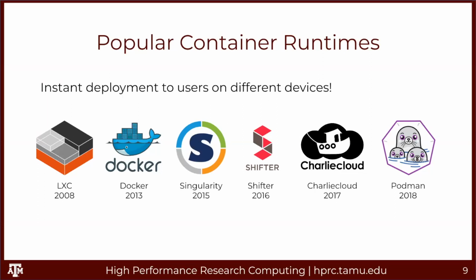Charliecloud, a relatively newer runtime, does many of the same things Singularity does, so we'll be learning that today. And Podman, one of the newer runtimes, is basically Docker, but with less of the problems of Docker. So it's not specifically for HPC. You can run it on HPC, but it doesn't have the background of being designed for HPC like these other runtimes. So we won't be learning Podman today, although it is an option.